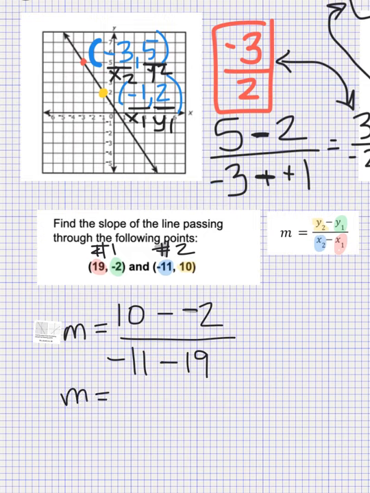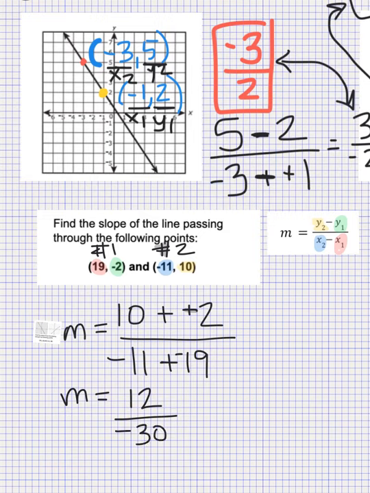So I'm going to do the arithmetic. 10 minus -2. If you're not sure, put it in your calculator, but that turns into 12. And on the bottom, we have -11 minus 19. I like to look at it as plus a negative, so I end up with -30.